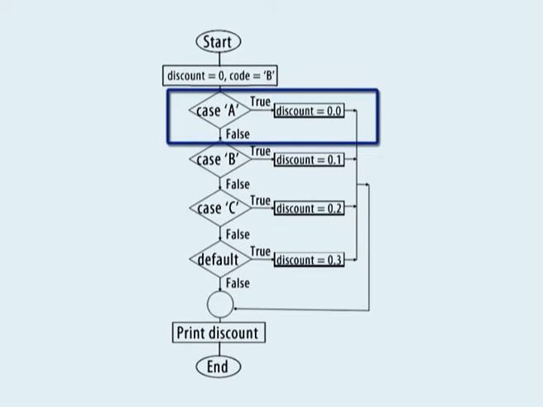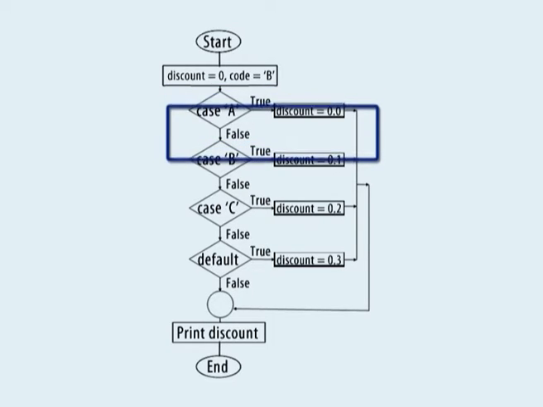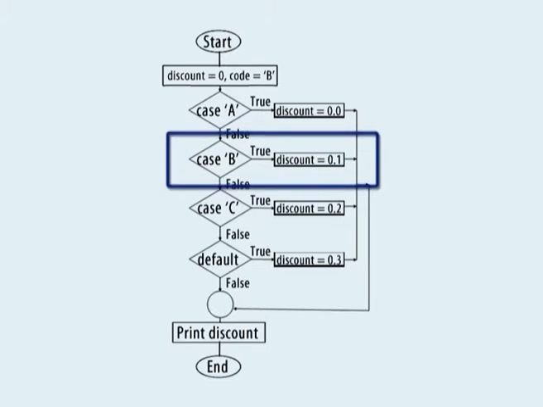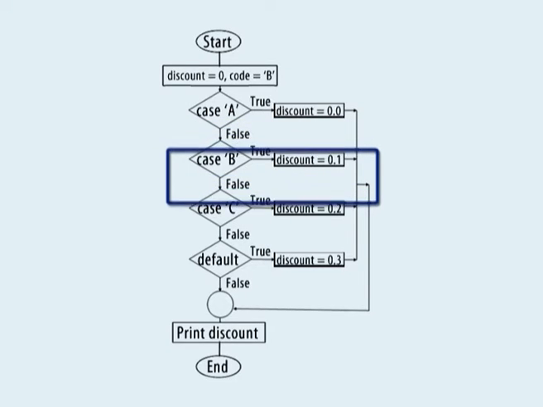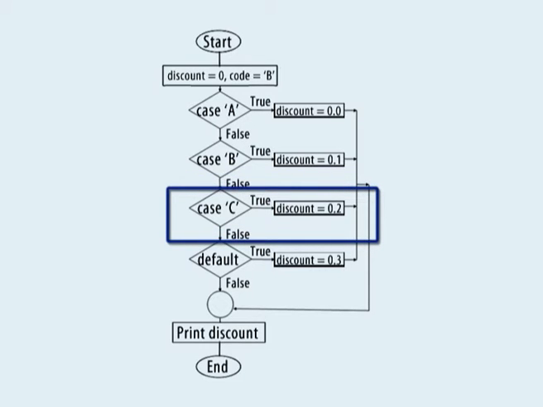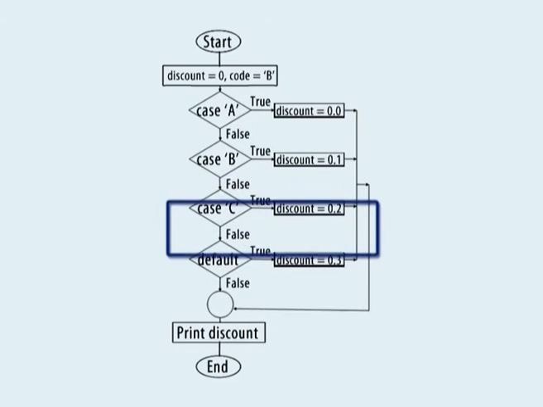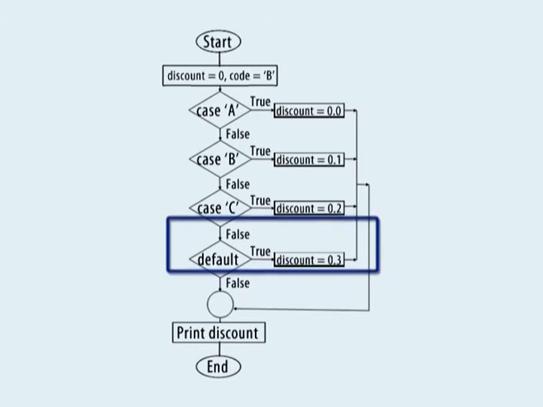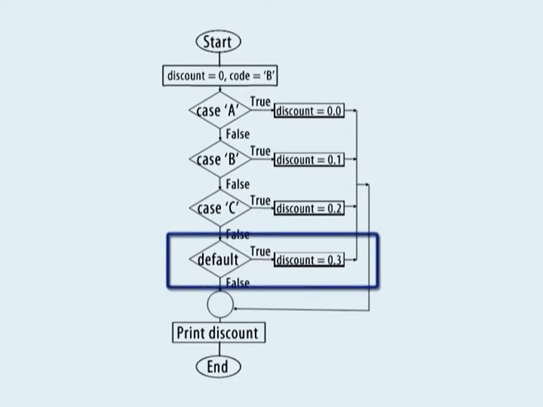If case A is true, discount prints 0.0 and after that break. If case B is true, discount prints 0.1. If case C is true, discount prints 0.2, and if no case is true, then by default discount prints 0.3, and at last we print discount.